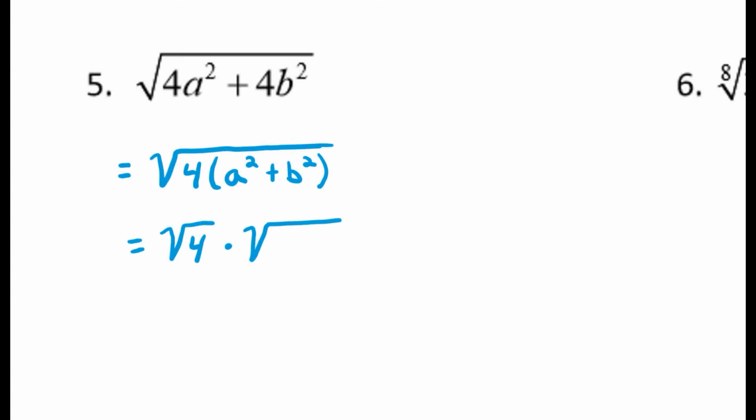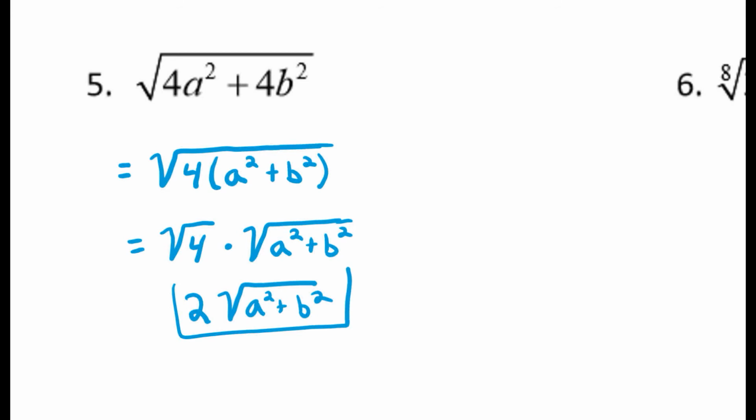So we can separate this into the square root of 4 times the square root of a squared plus b squared. And again, a squared plus b squared is not a perfect square. It is the sum of perfect squares. It is not a binomial squared. So therefore, we cannot simplify that. So that's just going to be 2 times the square root of a squared plus b squared.